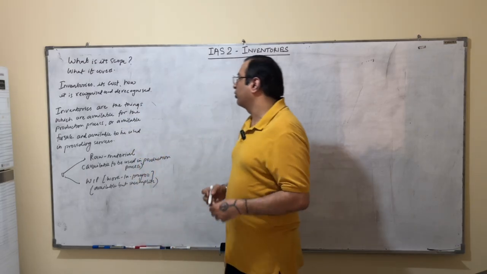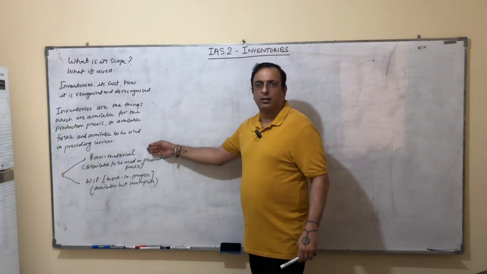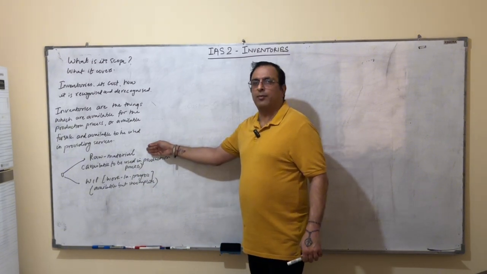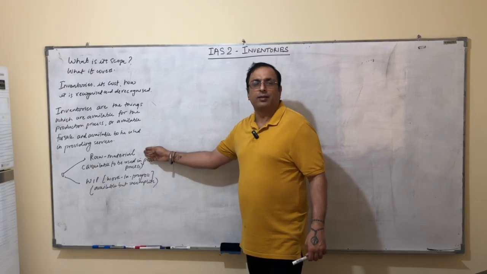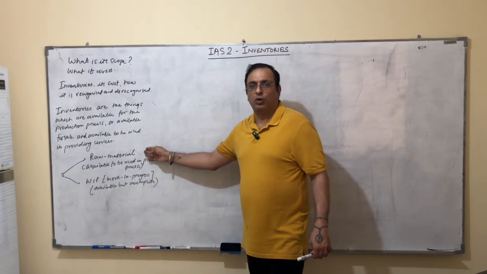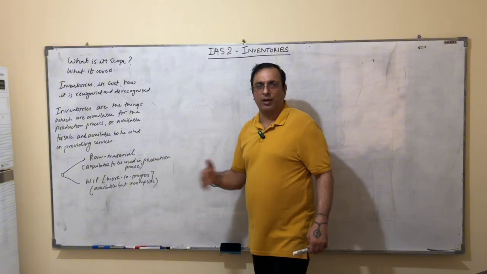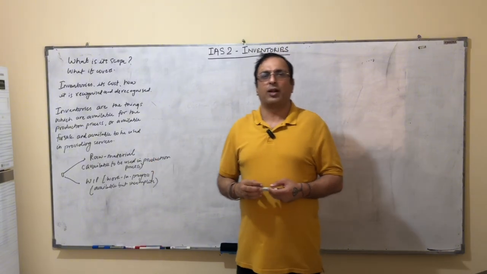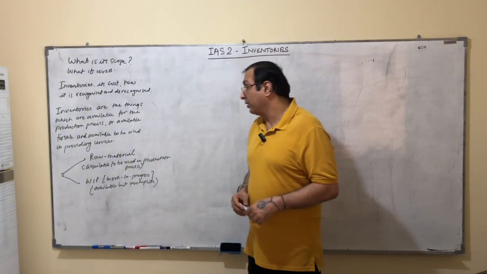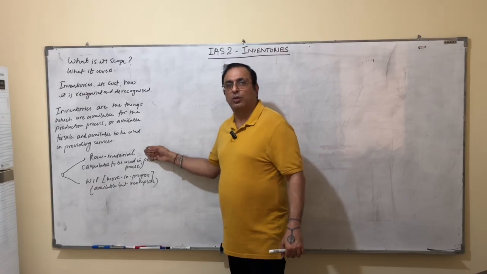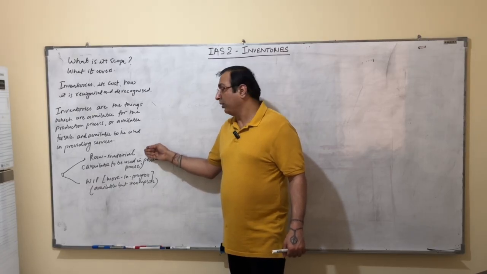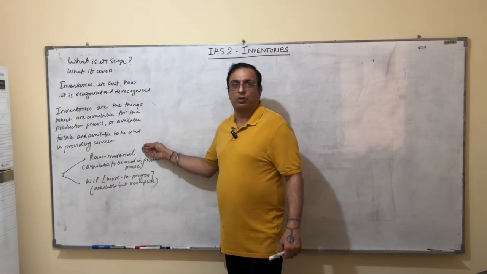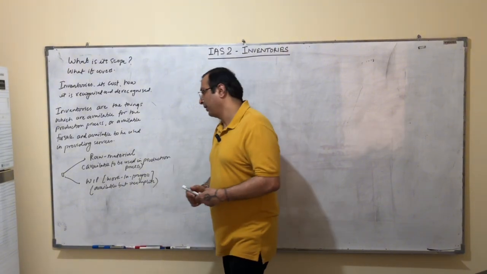I have started the production process with my raw material, but at the point when I look at it, my raw material is neither finished nor a raw material anymore, because I have started producing it. I've used it in the production process. It is in between the raw material and finished goods. So I will call it work in progress, right guys?